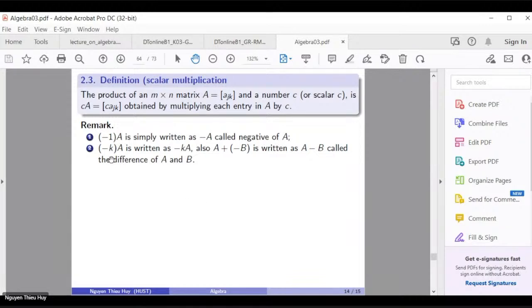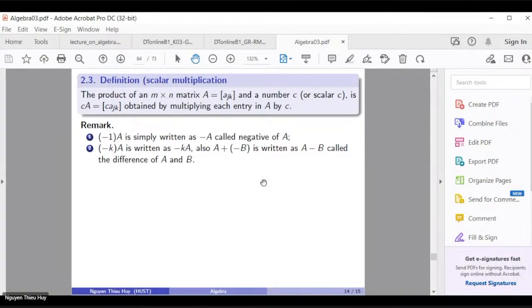Yeah? Number 2, minus k multiply A the same as before, we can write as minus kA, and if you have A plus minus B, you can write as A minus B. Yeah? So later on you will see the reason why.